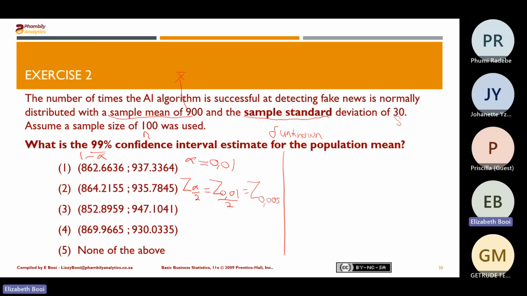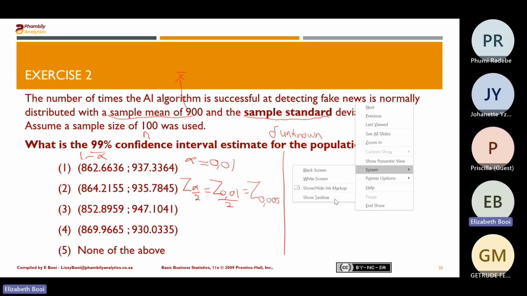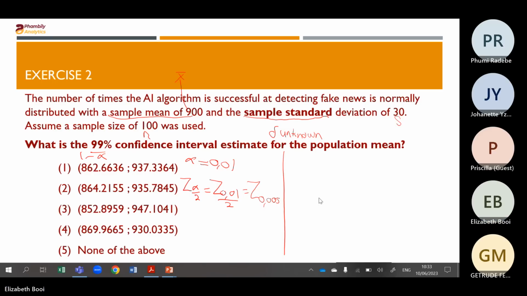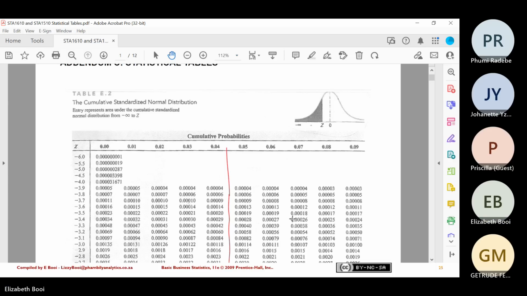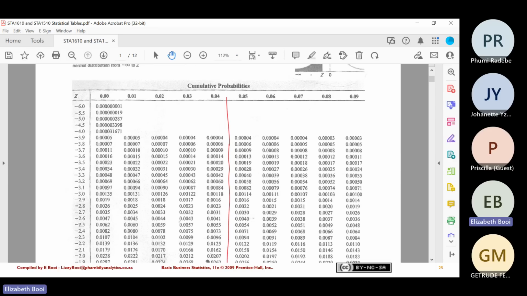0.005, and we can go to the table to find the critical value, or you can use that summary table that I showed you, because it's going to be easy and quick. So inside here, we're looking for 0.005, but that is more, 0.59.